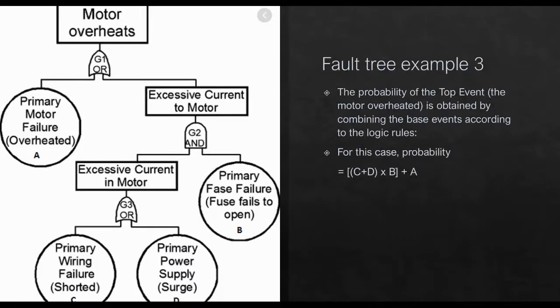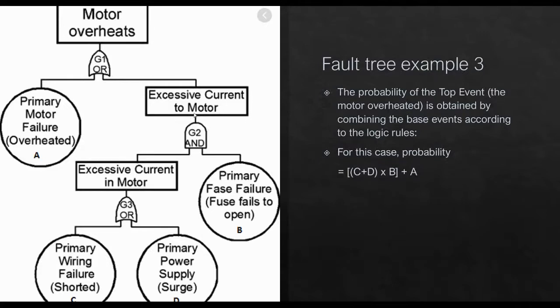So this is the solution of example 3. We have the top event here, which is the motor overheat, and the other two basic events that support the top event are either primary motor failure or excessive current to the motor. So we can use the OR gate.